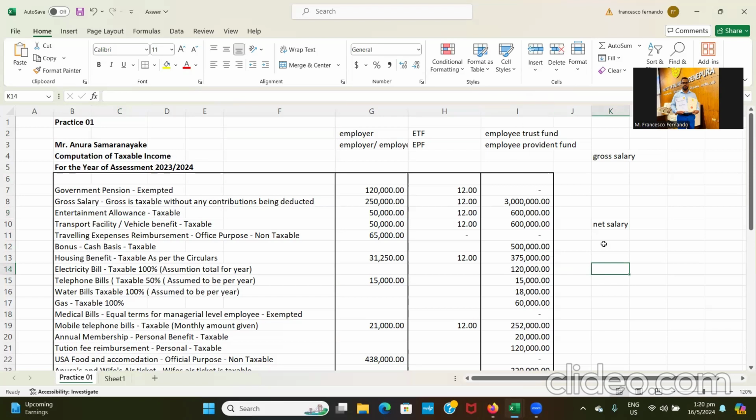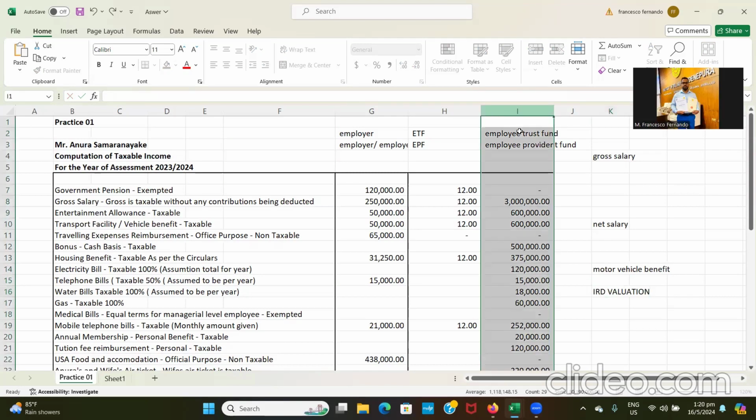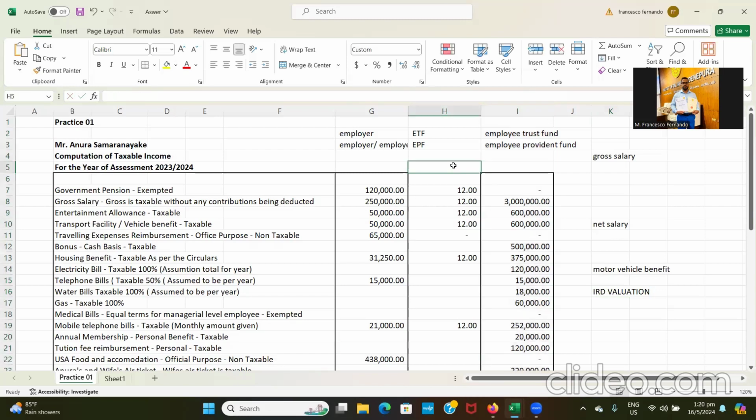Sangha, can you remember motor vehicle benefit? If the market value is not given, where should we refer? I can't really remember the section, the IRD valuation. So there you can mention as per the IRD valuation.